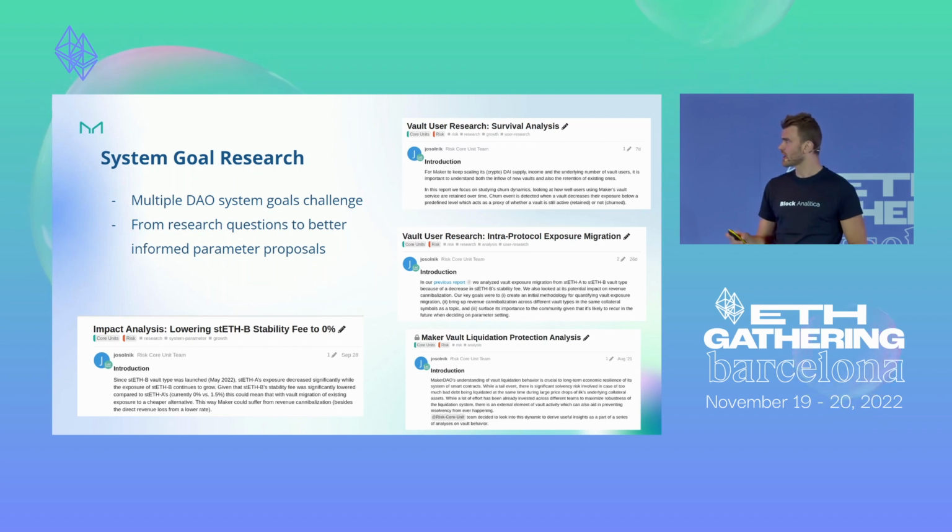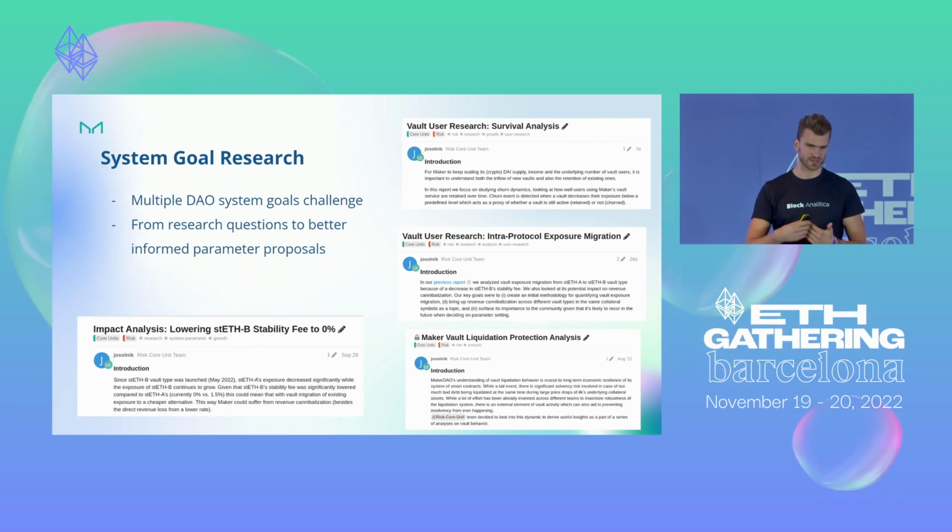And then we also have other topics. For example, the Vault user research, the survival analysis. We're looking at bringing the Vault users into different dimensions, and just better understanding how they're retained over time. For example, one of the key insights was that the larger vaults, like the institutional vaults, stay longer with Maker, and also other things.